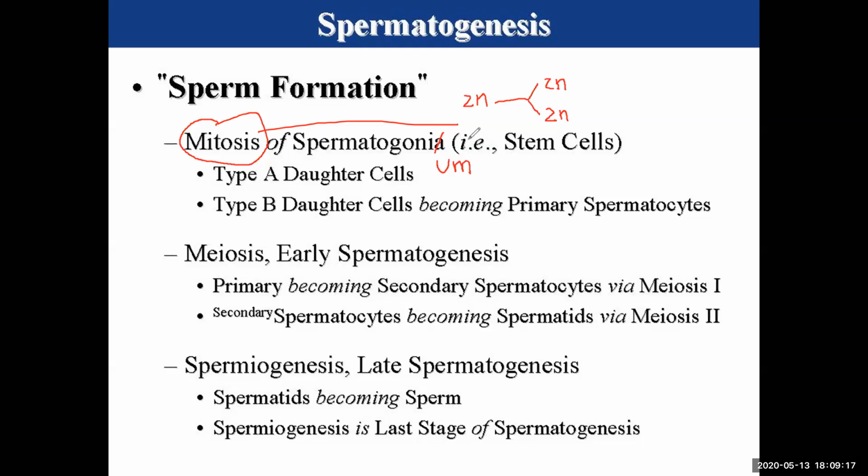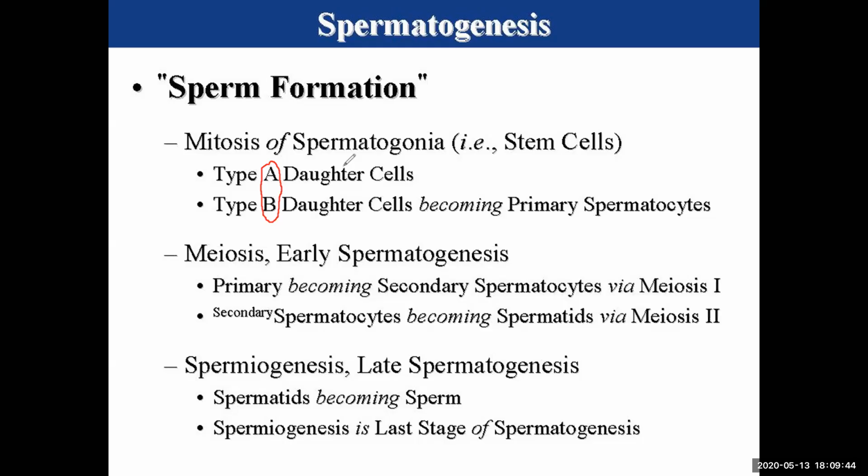Now, that spermatogonia undergoing mitosis will generate two daughter cells: daughter cell A and daughter cell B. They are identical, right? They're both diploid. They have 46 chromosomes like the parental spermatogonium.